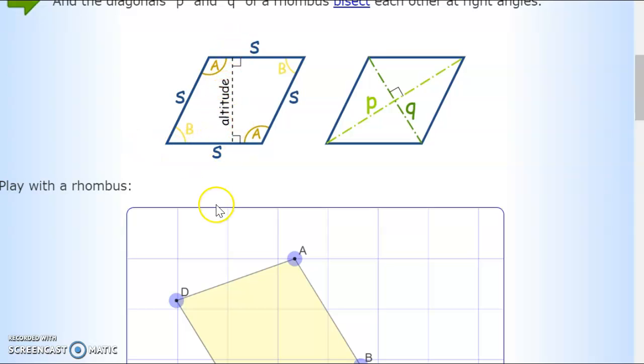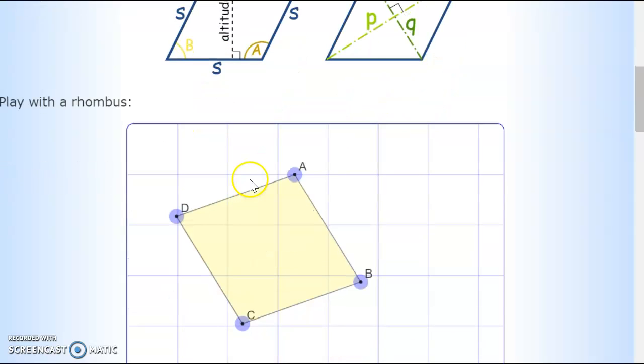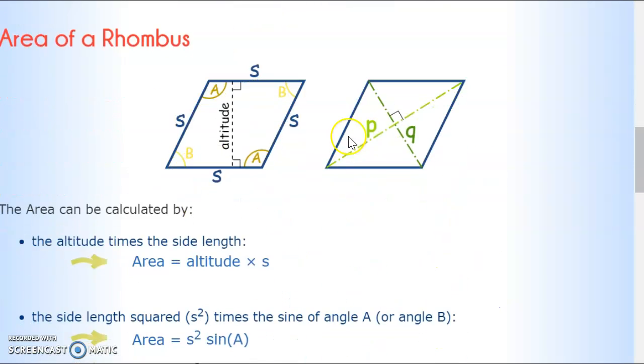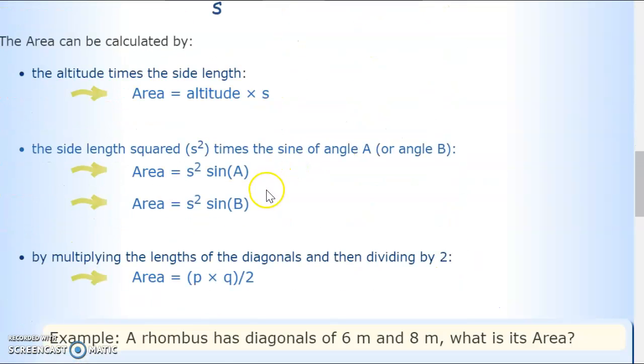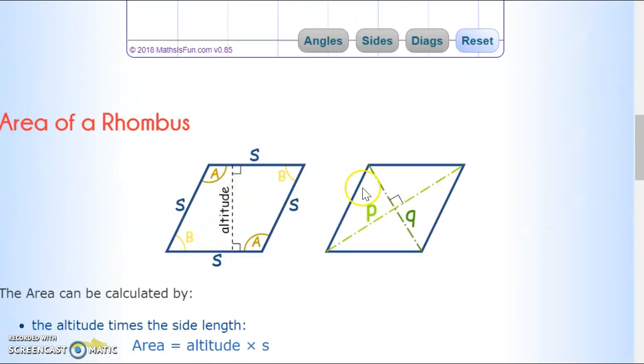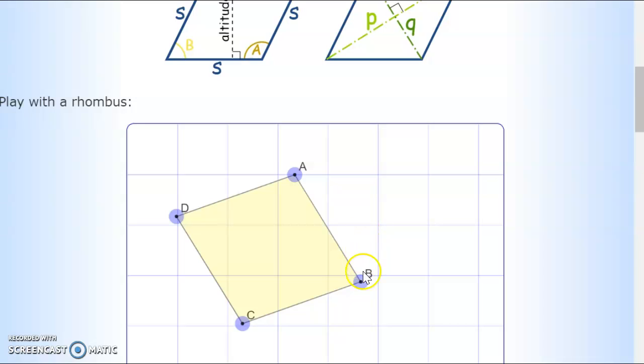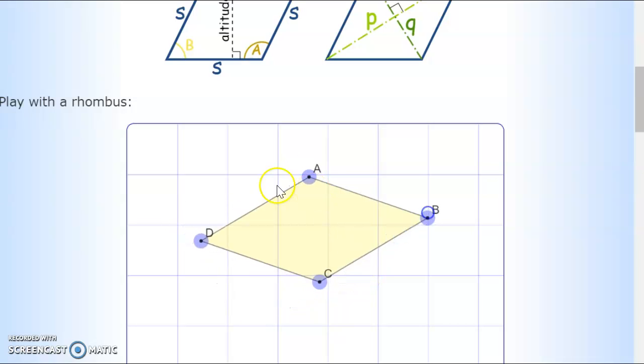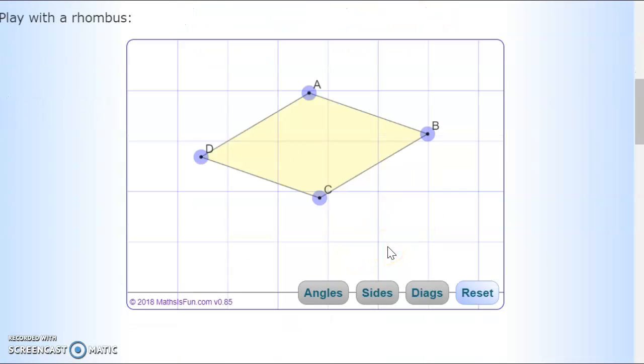That was the area for a parallelogram. But there is a different formula for area when you are given the 2 diagonals, and that's P times Q divided by 2. And how do we get that? You can explore this site more if you like, and then work on it yourself.